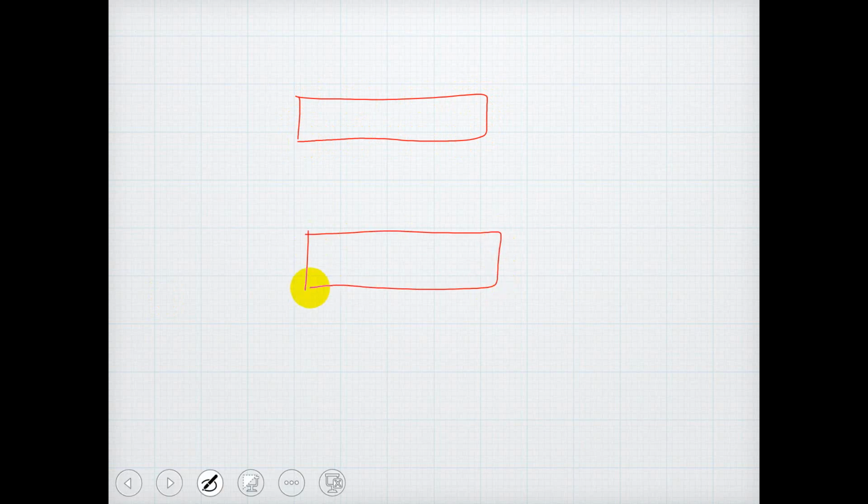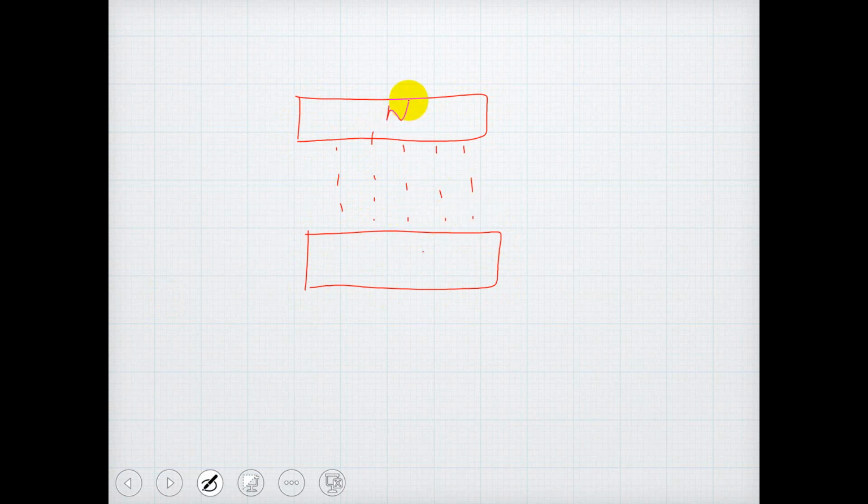In this, let us take two magnets, and we have the magnetic field.